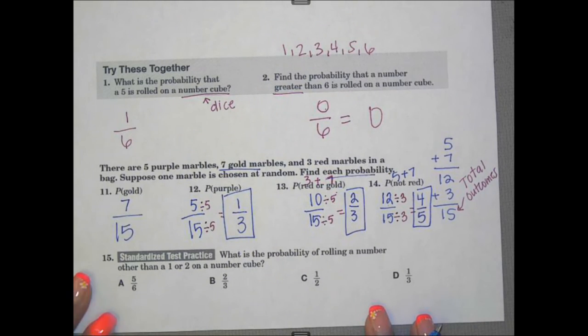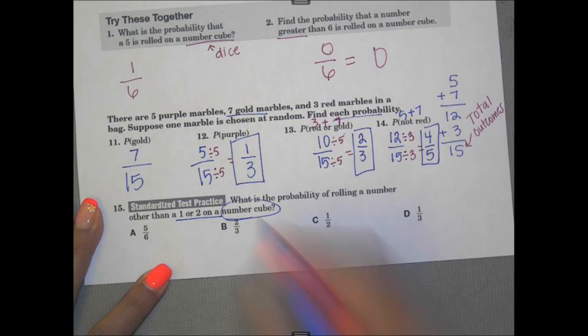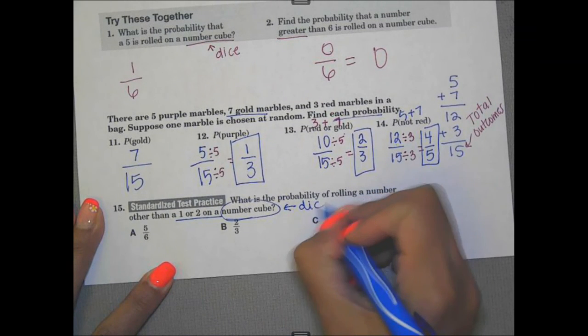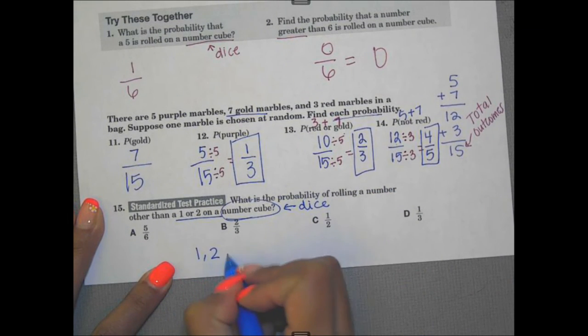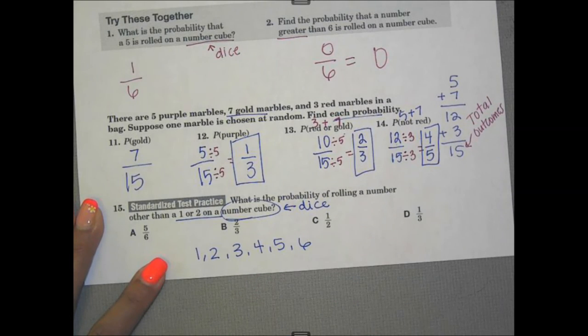All right, and for our last example, what is the probability of rolling a number other than 1 or 2 on a number cube? So a number cube, again, that's a dice, and that would be 1, 2, 3, 4, 5, or 6. So other than 1 or 2. So I don't want 1, I don't want 2.